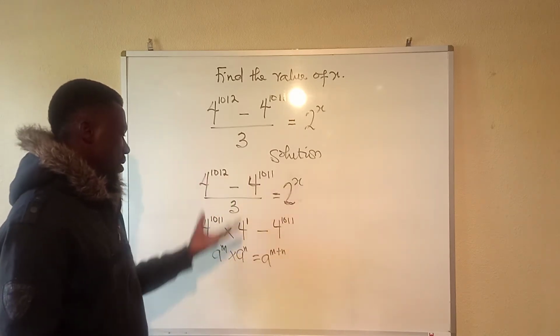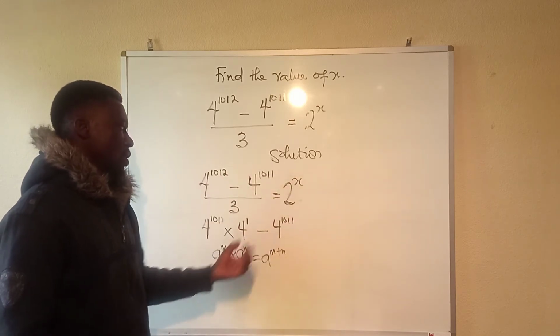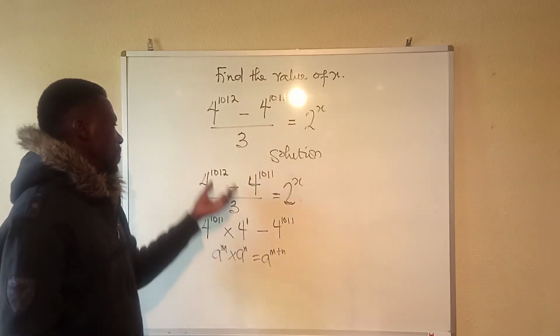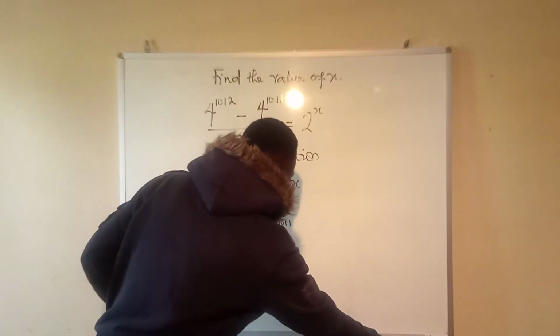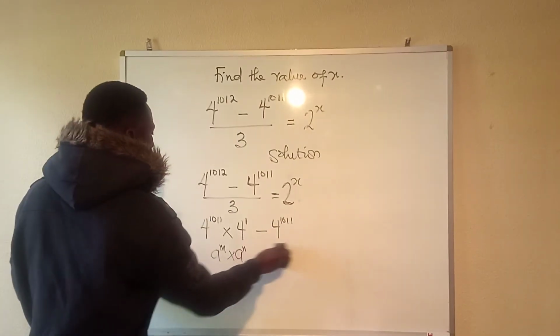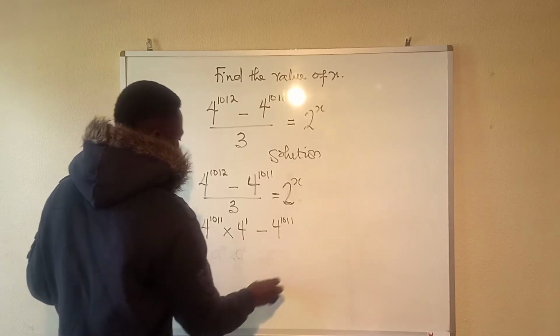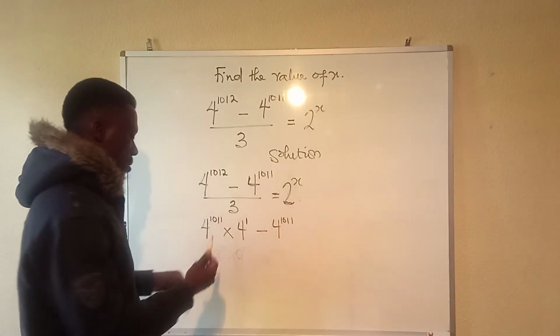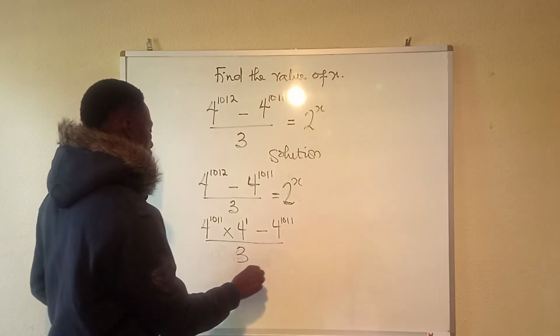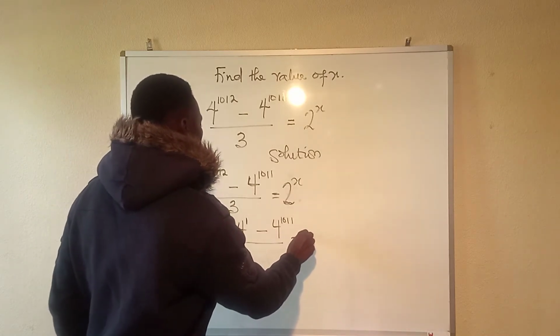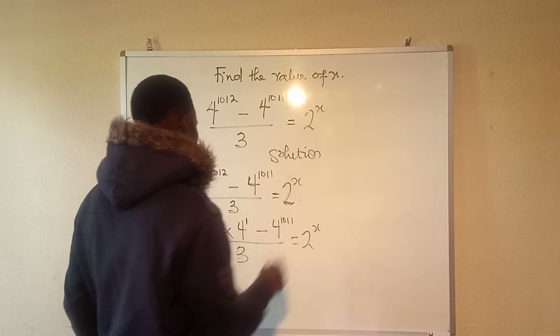So this is the same as this. So now let's write this over 3. This is equal to 2 to the x.